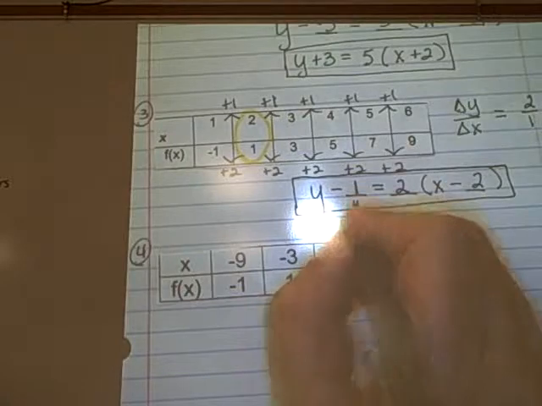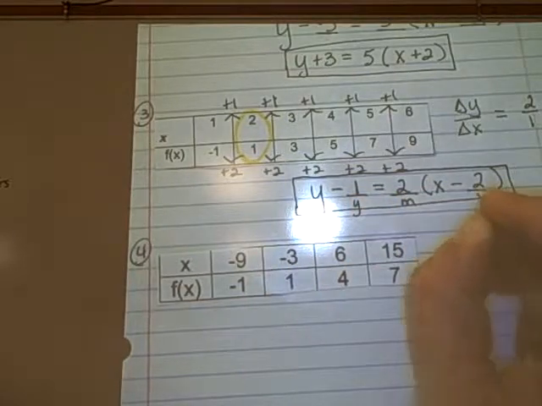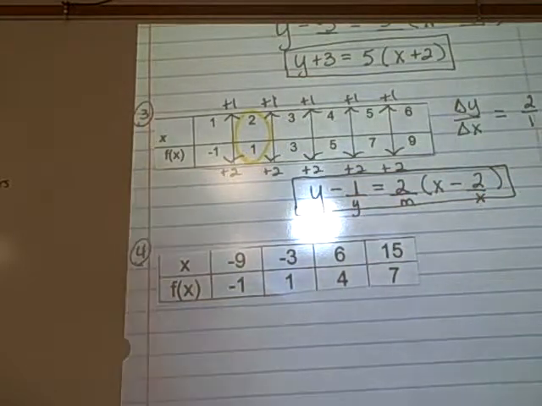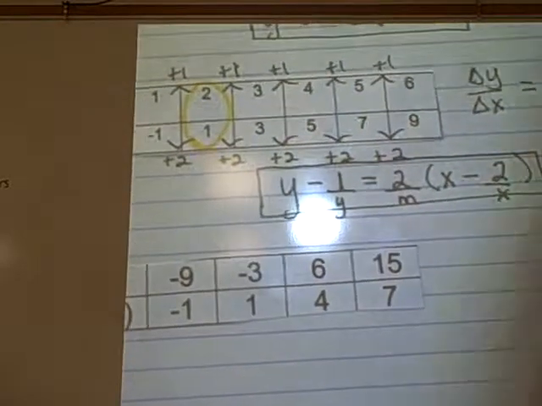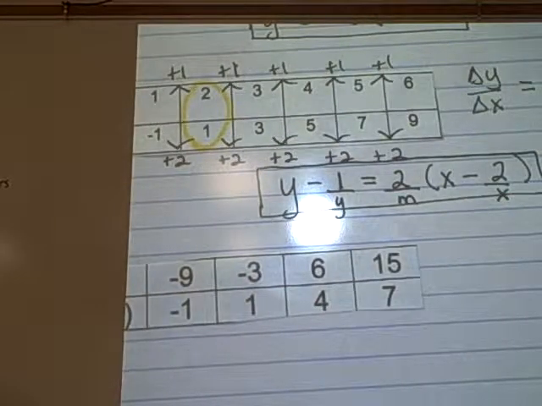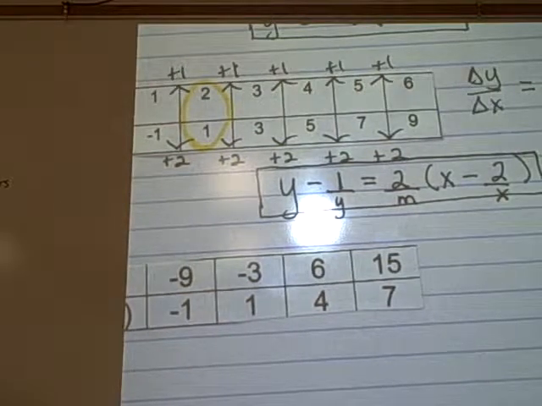So this is y, this is m, this is x. Let me zoom in. Is that better? So y goes in the first one, m goes in that second one, x goes in the last one. It's the same formula we were just using. We're just finding the slope first because they didn't tell us the slope. So if they don't tell you the slope, you're going to have to figure it out and then use one of the points, whichever point you want, and write your equation.